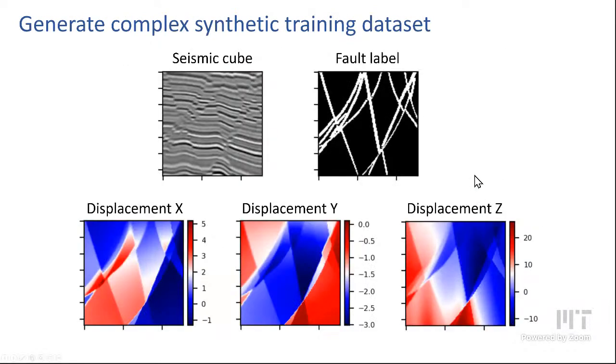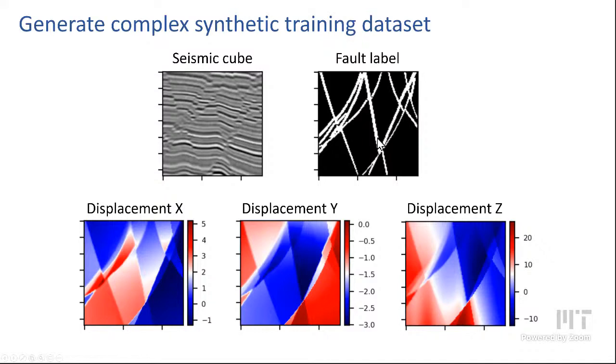Next shows a 2D display of a 3D training data cube with the seismic on the left and the corresponding label on the right-hand side. You see very complex geology here, and in certain areas you will see very dense faults clustered in a small region, and in certain areas the faults are sparse, and the fault planes are curved with various dips, and they are interacting with each other.